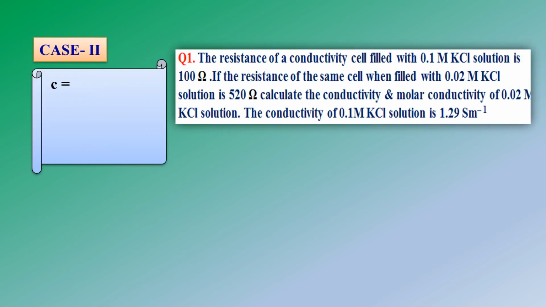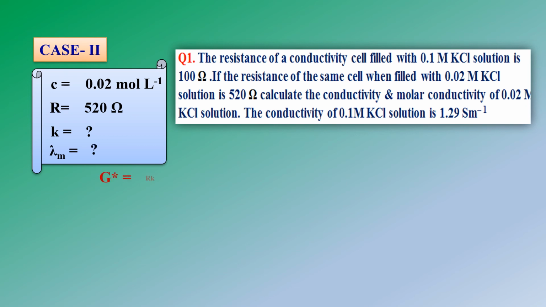Case 2, in that C is 0.02 moles per liter and R is 520 ohm. K is how much? That we have to calculate. The conductivity we should calculate and lambda m also we should calculate.